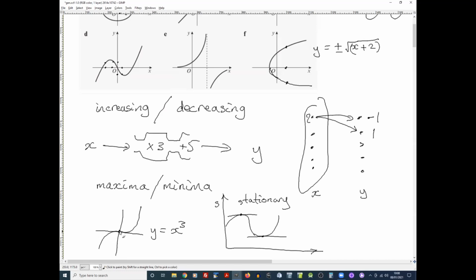Stationary point literally means stationary only for a distance-time graph.